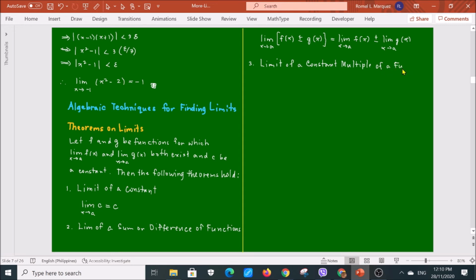What do we mean by this? We mean limit as x approaches a of a constant times f of x. If you have a constant multiplied to a function, you take the limit. So that is equal to the constant multiplied to the limit of f of x. You can put the constant out without affecting the limit. Okay?